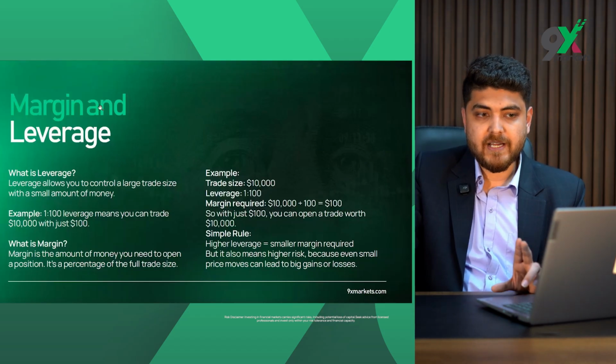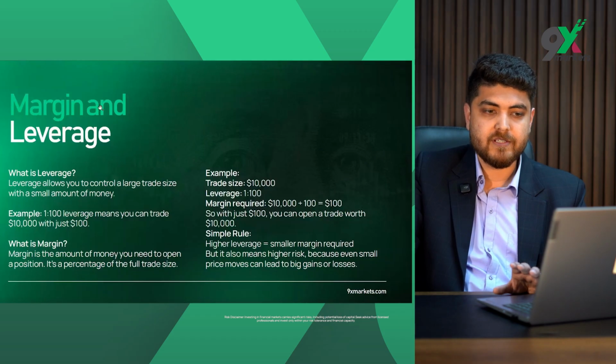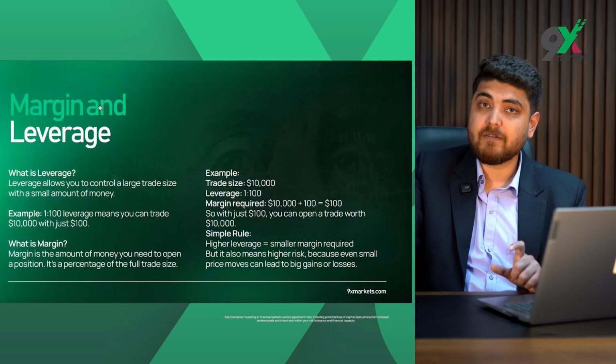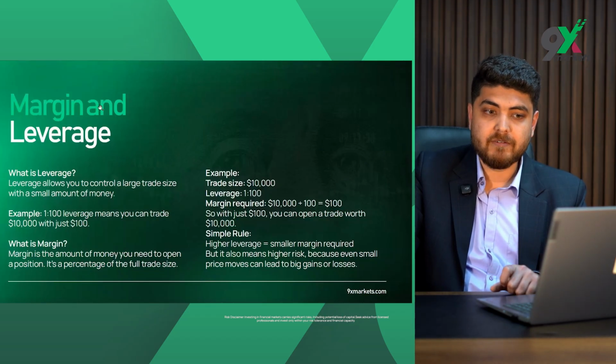So let's say your trade size is $10,000 and your leverage is 100 in this scenario which we just checked. Your margin required will be based on the trade size you're taking divided by the leverage your broker is giving you. So the margin required is $100.